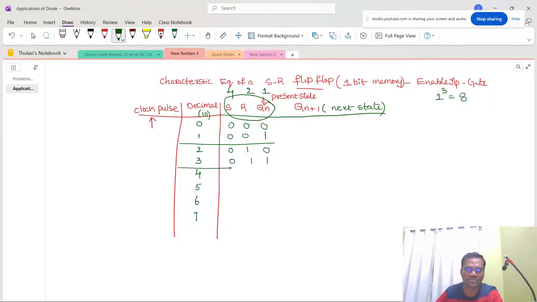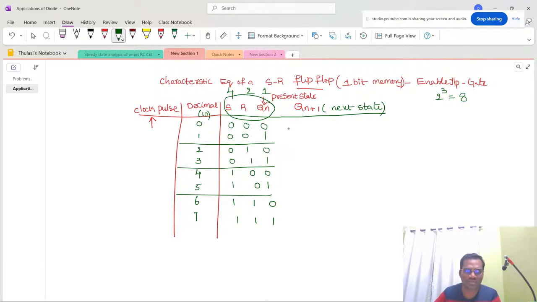The next one, 4, is 1 0 0. Next one is 1 0 1. Next one is 6, which I can write as 1 1 0, and 7 as 1 1 1. So this is how to write down S, R as well as Qn.